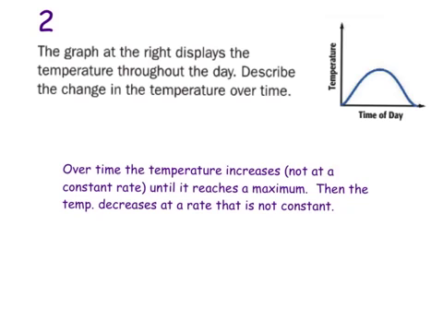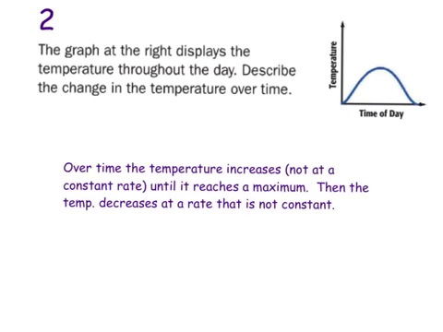When you're describing a graph, remember first it has to be specific to the story. Second, you're talking about whether it is increasing or decreasing at a constant rate or not a constant rate. Remember, if it is linear, it's at a constant rate. So linear is a constant rate, and nonlinear is not a constant rate.